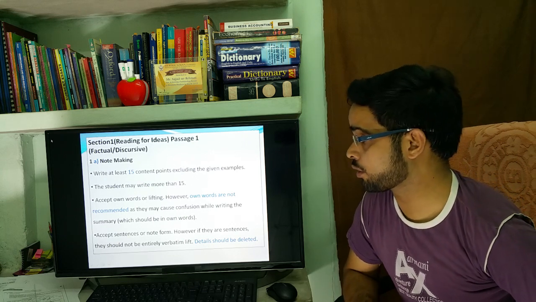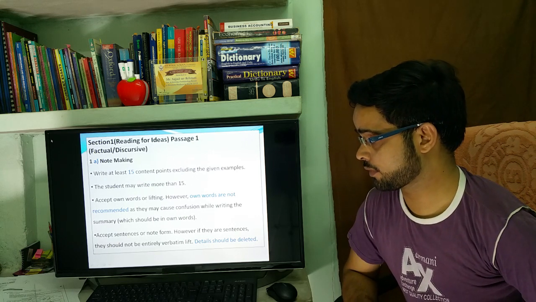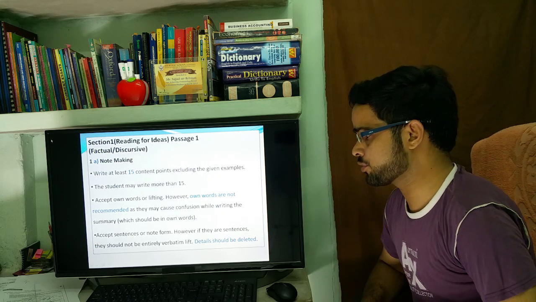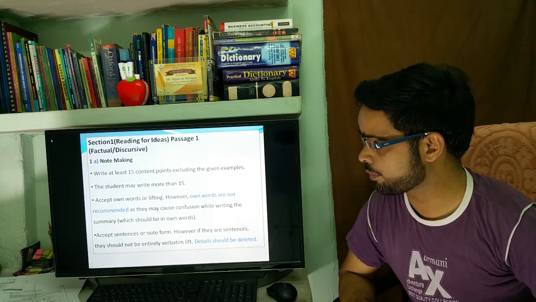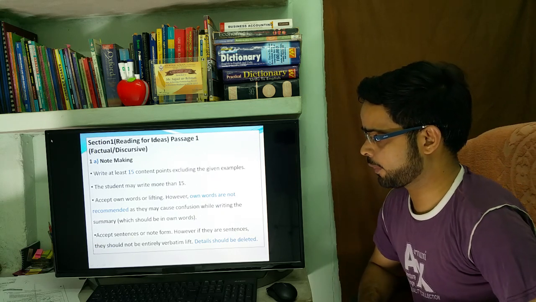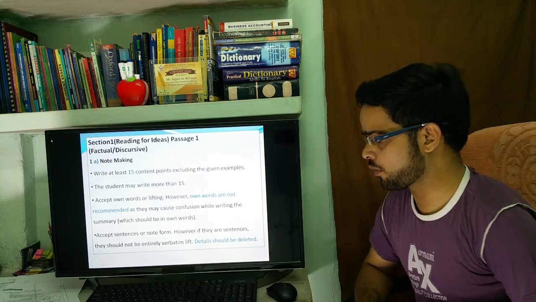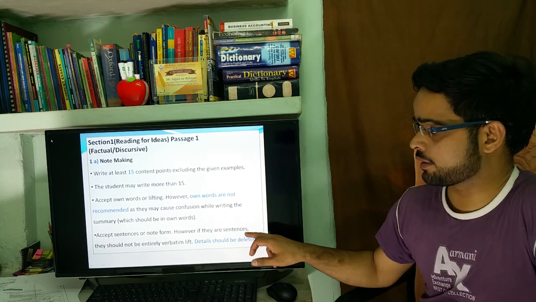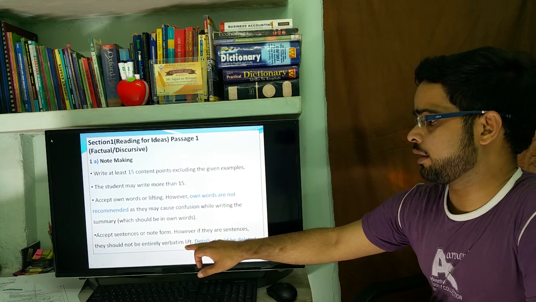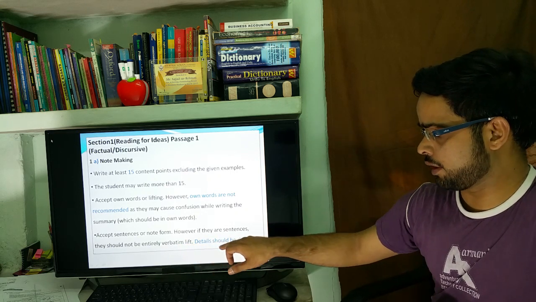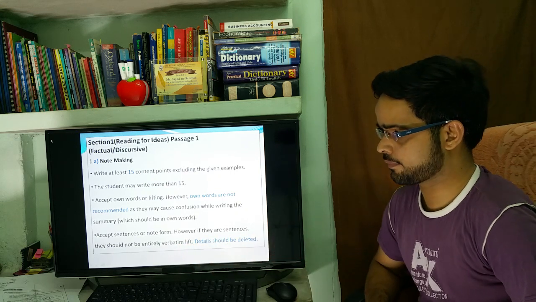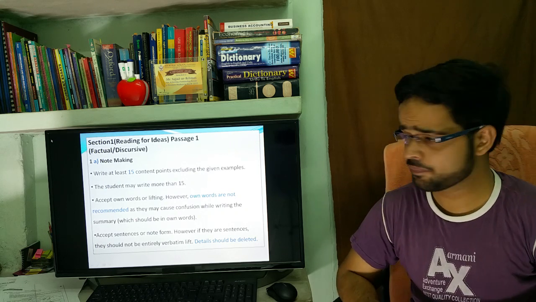Except own words or lifting, however, own words are not recommended as they may cause confusion while writing the summary, which should be in own words. Sentences or note form are accepted. However, if they are sentences, they should not be entirely verbatim. Lifted details should be deleted. Be careful.